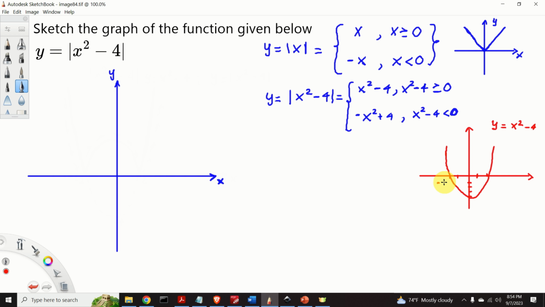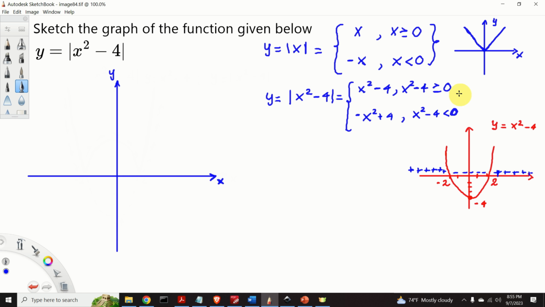The zeros are at minus 2 and 2, and this value is minus 4. Obviously, this function is positive over here, it's negative over here, and again it's positive over here. Now, we can use this graph to complete this definition.